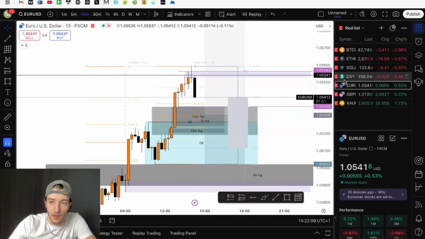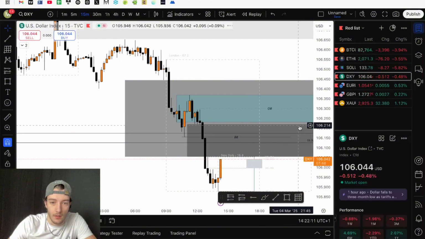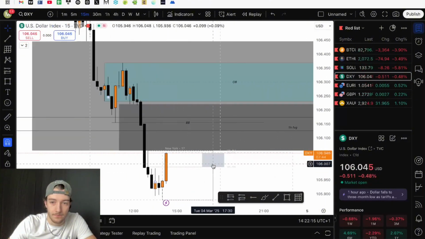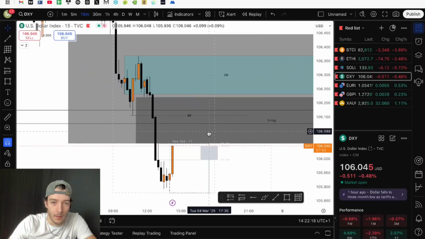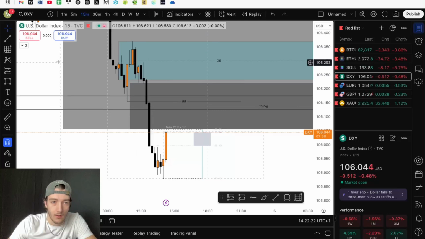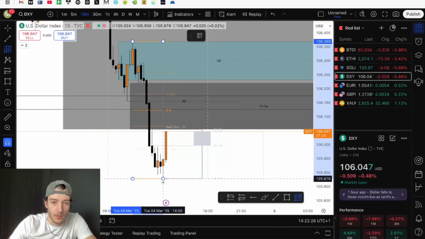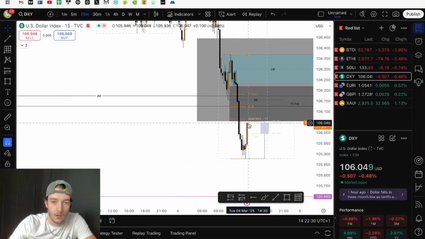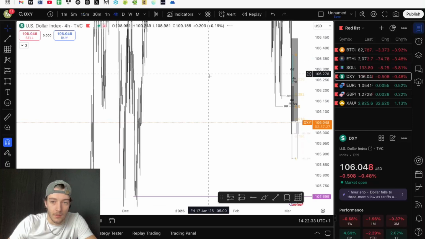Yes, we started the down move on Euro also. Let's see the dollar. Dollar is coming up into this breaker area. So on our bearish fair gap with these breakers here. I'm also curious where the discount price is for the dollar. Yes, above this high time frame breaker here.